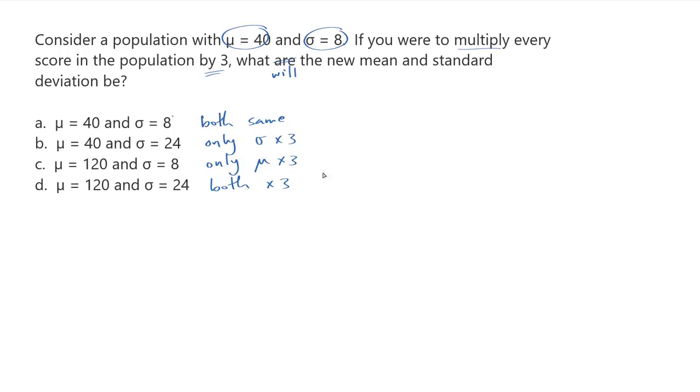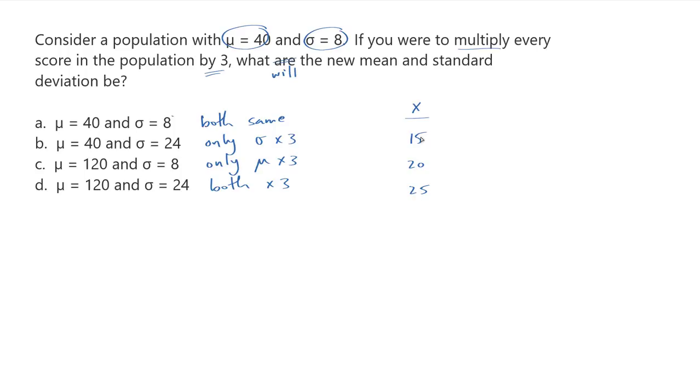Well, we know from the previous example that anything you do to your scores, the mean will be affected. Let me give you, again, a simple example. Let's say I've got some scores. One person makes $15 an hour, the next person makes $20 an hour, and the next person makes $25 an hour.